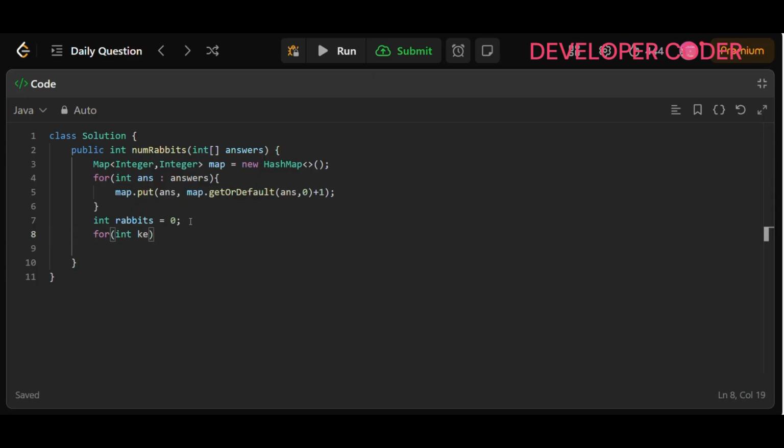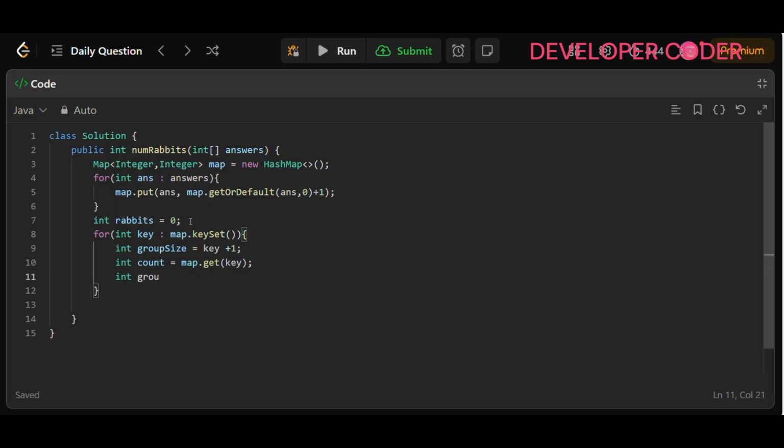So for int key in map.keySet, and inside this you have to write the group size: int groupSize is equal to key plus one. You already know why we are doing key plus one. Other than him, how many other rabbits, right? So int count is equal to map.get of the key. Now we have to calculate the groups.